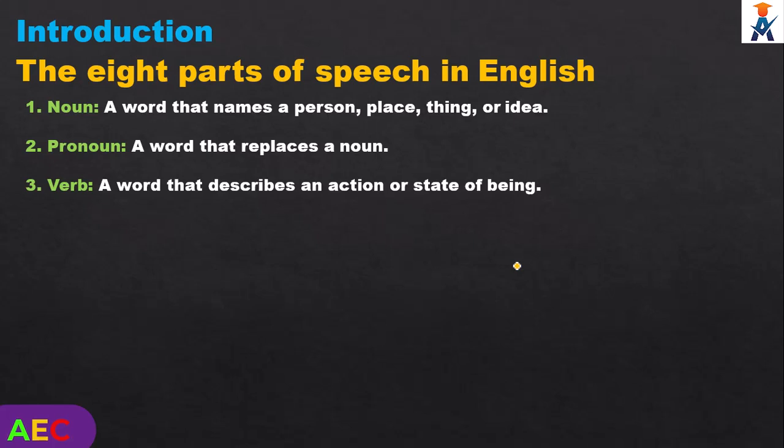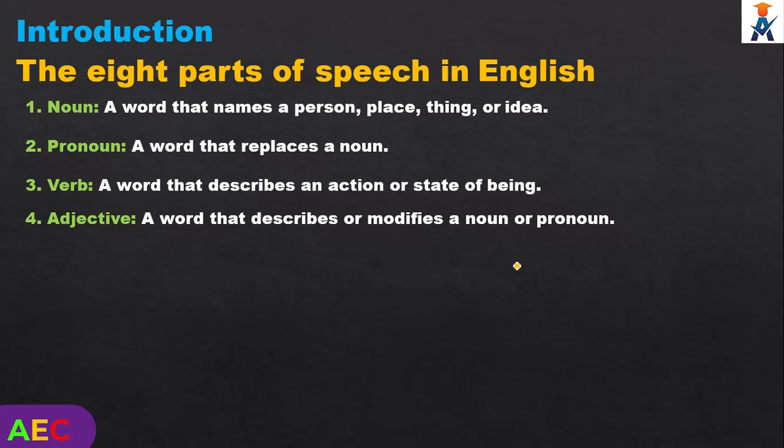Third one is verb. A word that describes an action or state of being is a verb. Adjective. An adjective is a word that describes or modifies a noun or pronoun.